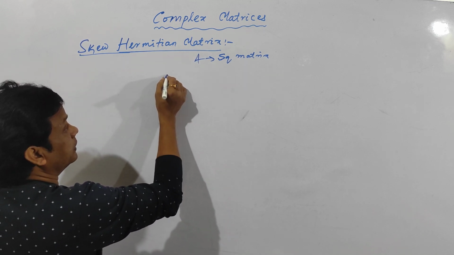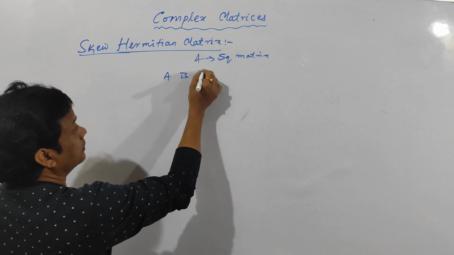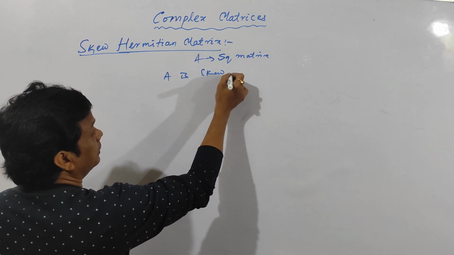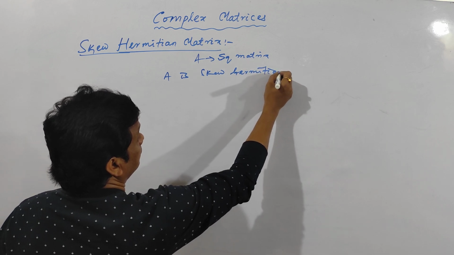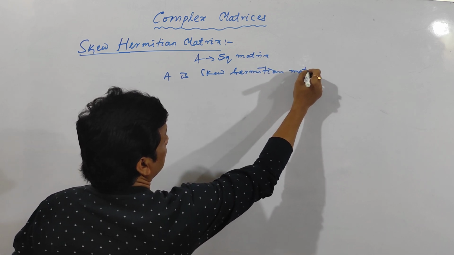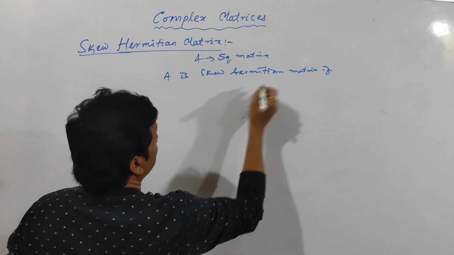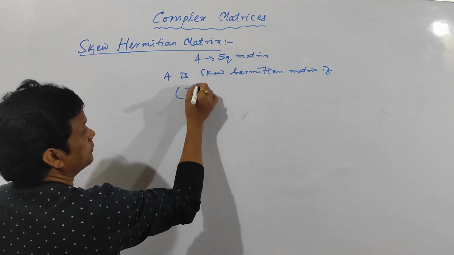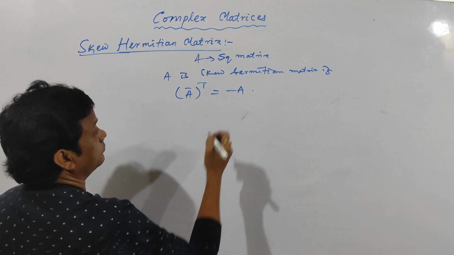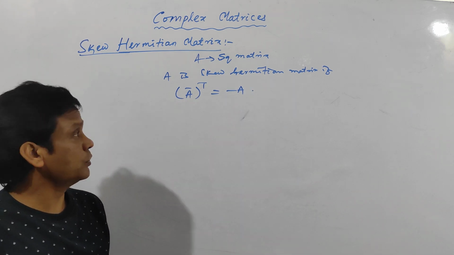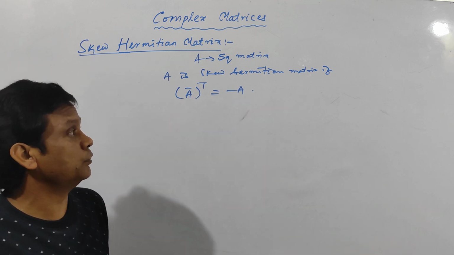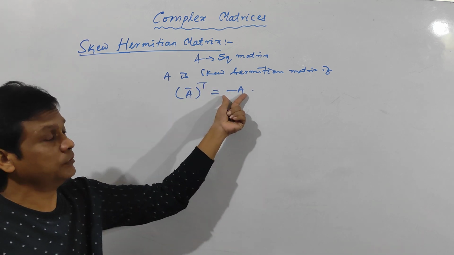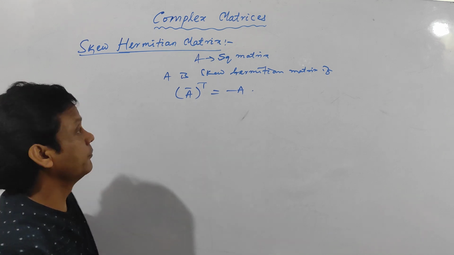Then A is skew Hermitian if A bar transpose is equal to minus A. The transpose conjugate of a matrix is the negative of itself. Then only A is said to be skew Hermitian. Skew means negative.